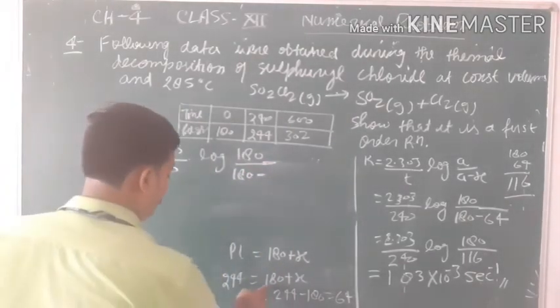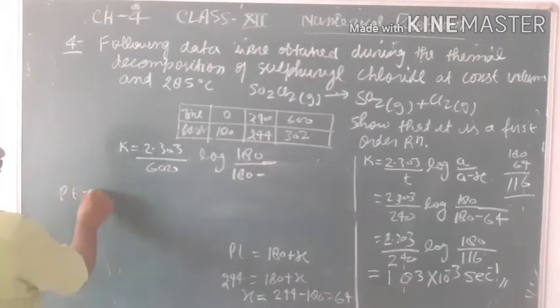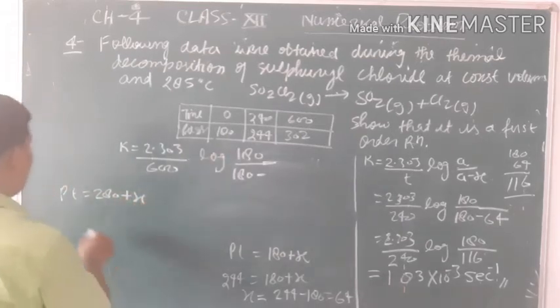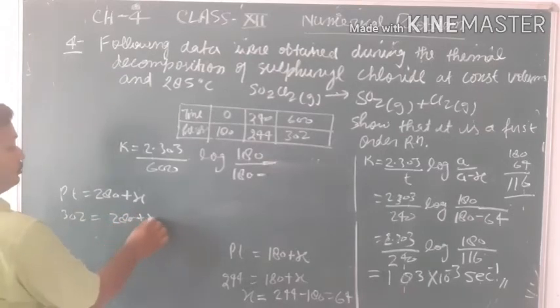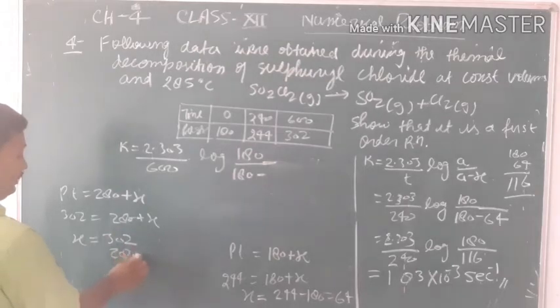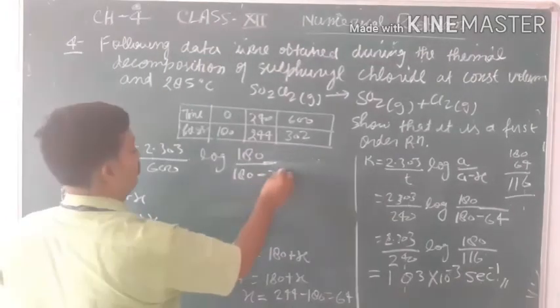How can we calculate x? In the same manner, Pt is equal to 180 plus x. Now what is the value of Pt? Pt is 302, so 180 plus x. So x is equal to 302 minus 180.